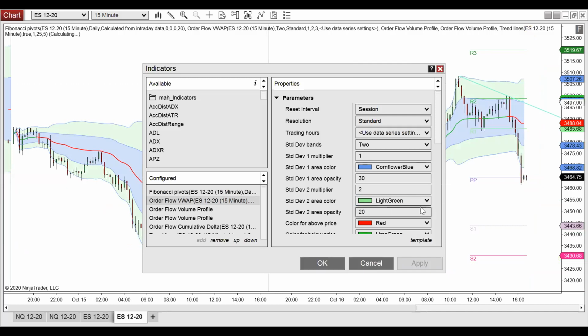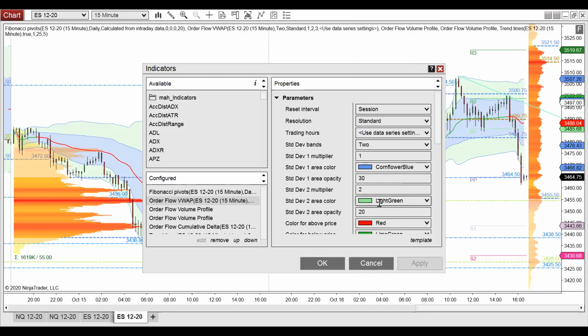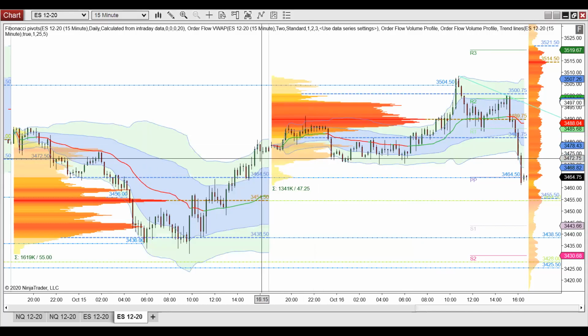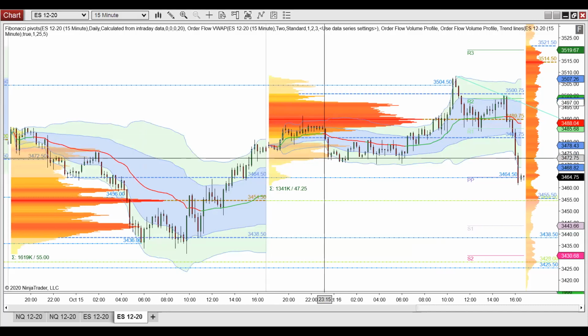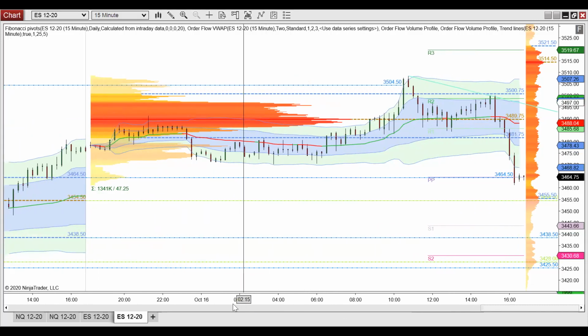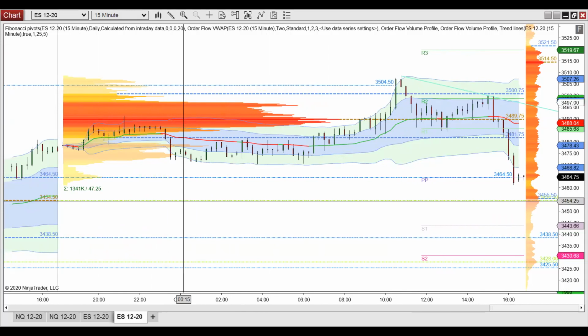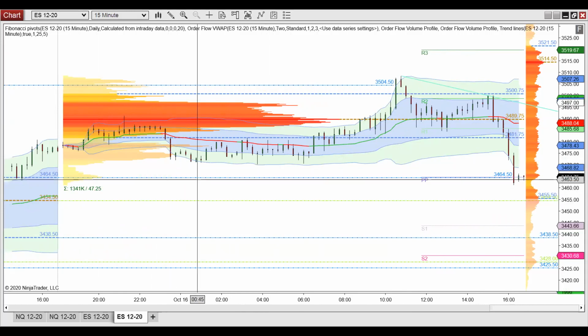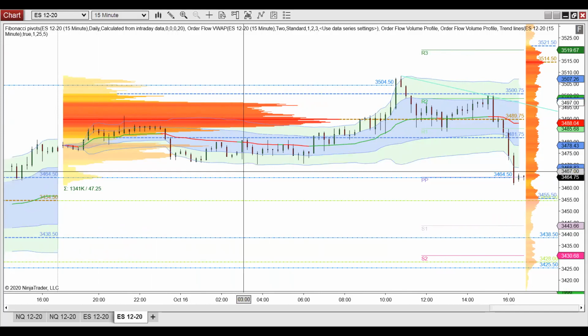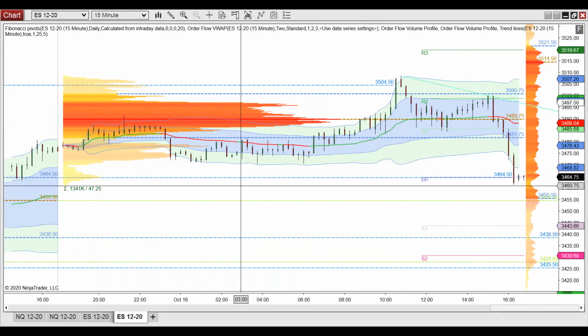So you could just change the standard deviation of blue on the first one, and then standard deviation on the green, where you're trying to make projections that when we hit the bands, you either want to go long or short. So I'm gonna show you another indicator that could determine that.